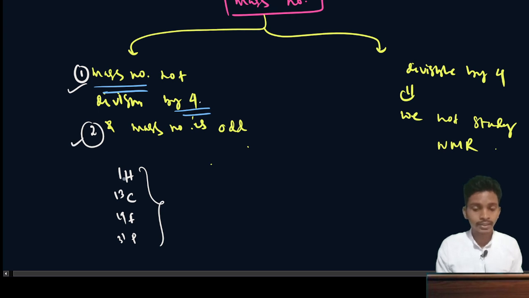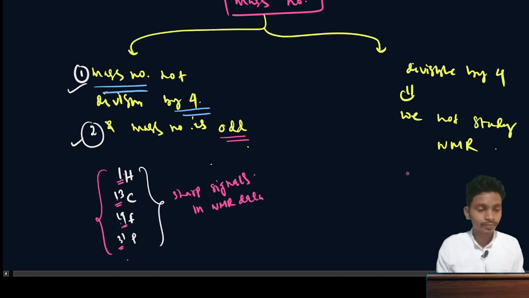Here we look at the mass numbers: if you divide them by 4, they are not divisible, and the next condition is that they are odd numbers. So you will get sharp signals in the NMR data.